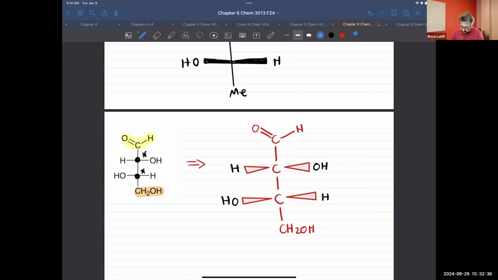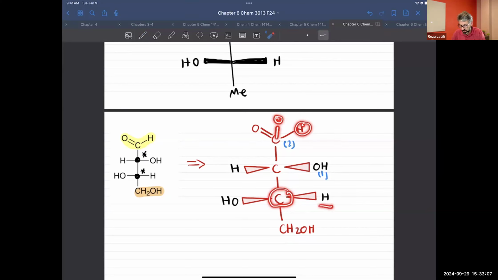Okay, so let's say this is carbon number 1, 2, 3, and that's going to be 4. If you go, for example, that way, then this one will get the first priority, and then that one. Why that carbon? Because that carbon is attached to oxygen through a double bond, so you can assume that carbon is attached to 2 oxygens and 1 hydrogen. But what do we have attached to this carbon?